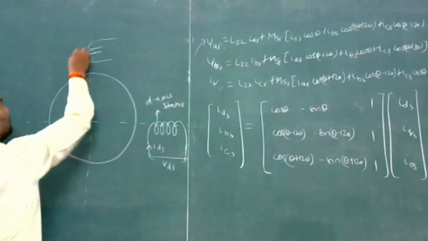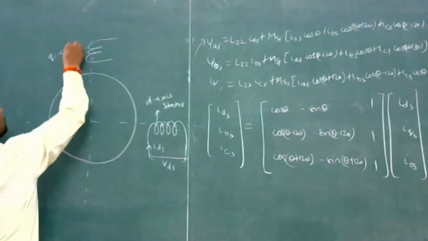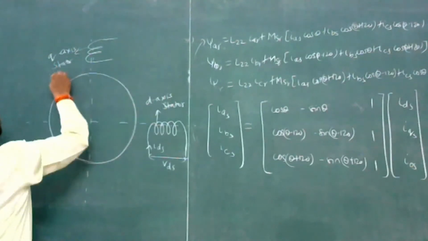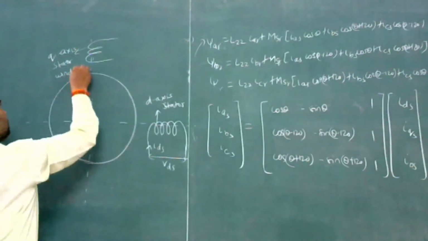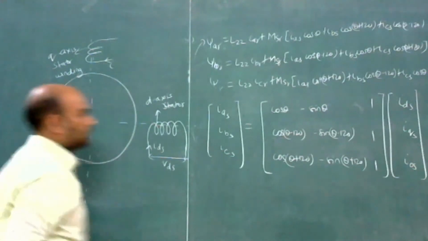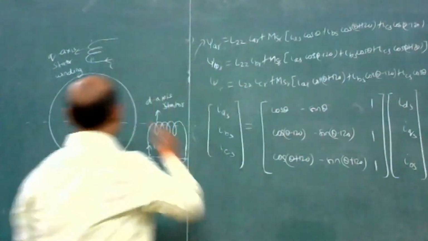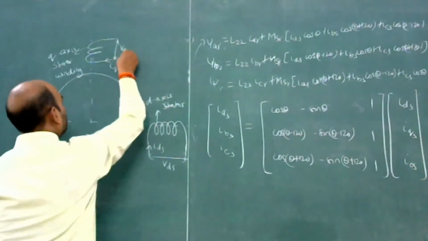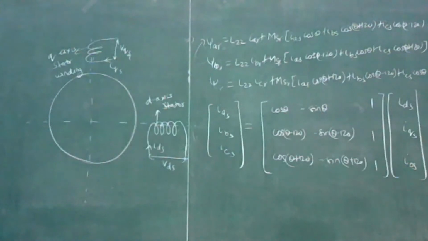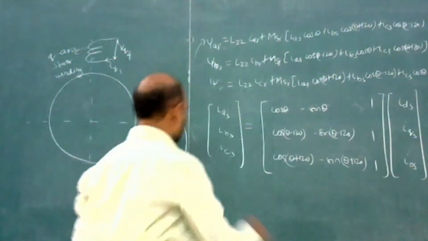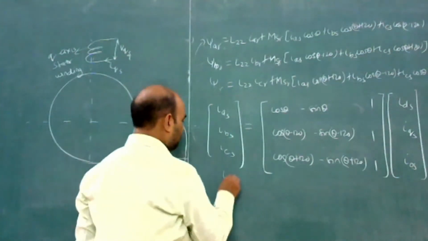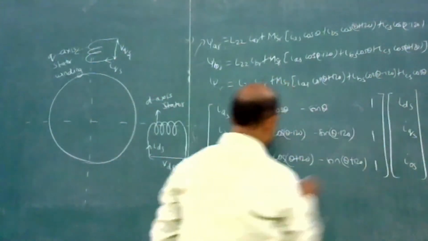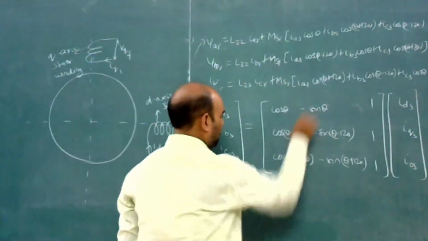So this will be the Q axis stator winding. Current flowing through this is IQS, and voltage across is VQS. So from here we can write the values of IAS is equal to cos theta into IDS minus sin theta into IQS.